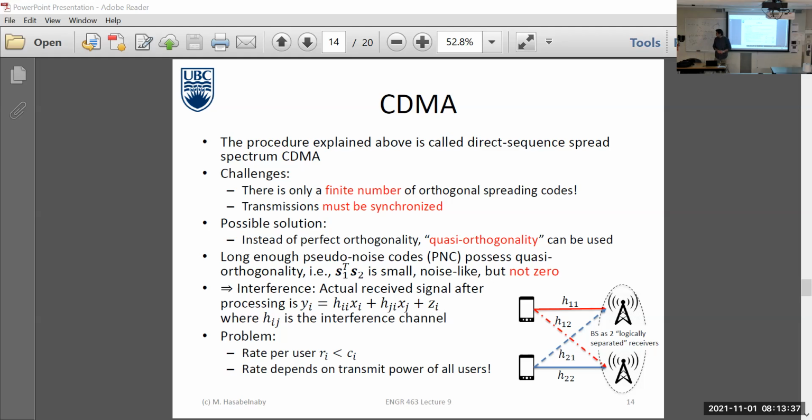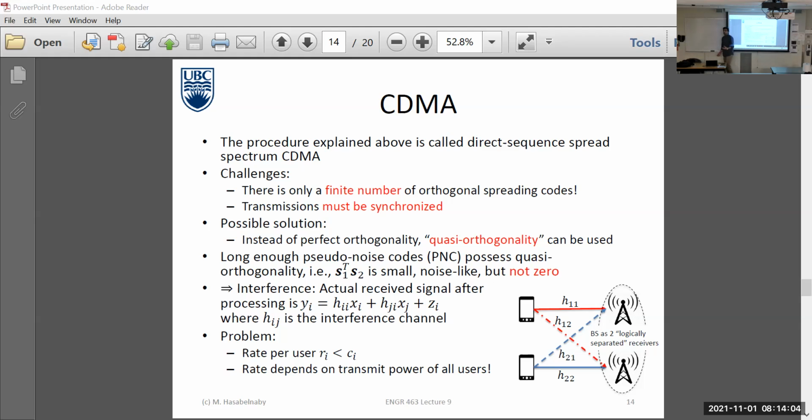Okay, let's go through the topic of our lecture today. We will continue the analysis of CDMA. Actually, we still have problems in CDMA. What are the problems? We have a finite number of orthogonal spreading codes.